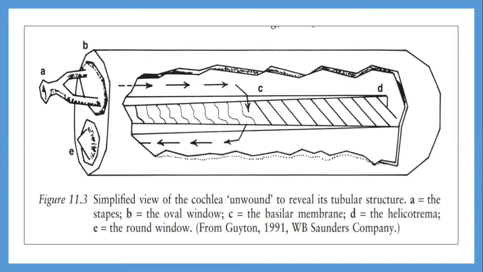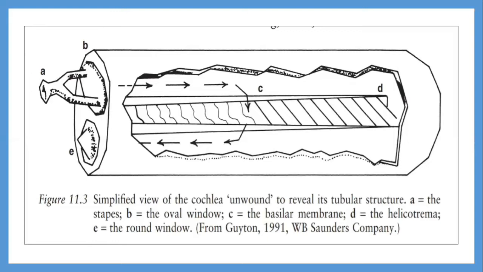Fibers in the basilar membrane run along its length, projecting outwards from the center of the cochlea. At the base of the cochlea, close to the oval and round windows, these fibers are short and thick, and towards the apex they become longer and thinner. Sound vibrations at a particular frequency are transmitted by the stapes and cause motion in the fluid column in the cochlea.